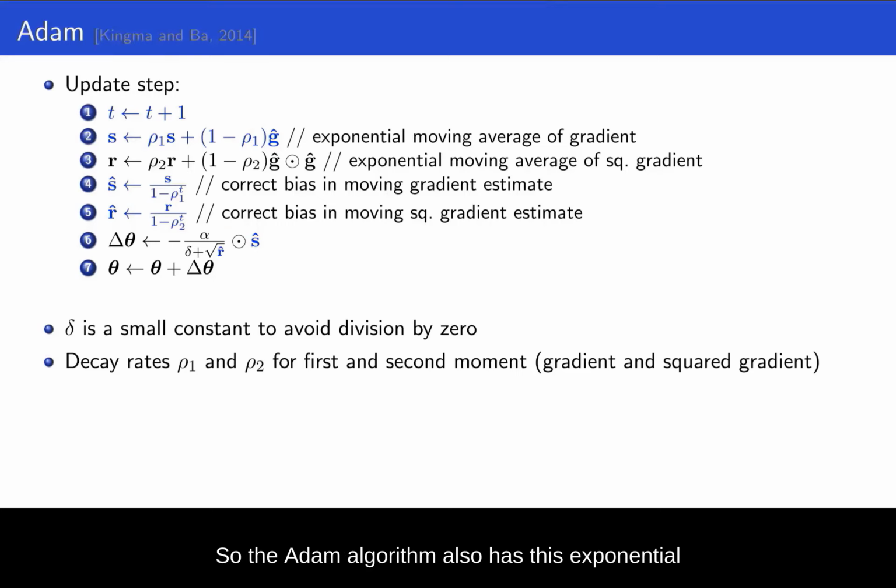So the Adam algorithm also has this exponential moving average of the squared gradient. So this is exactly the same treatment as in RMSprop, but Adam also constructs this exponential moving average of the gradient. So not of the squared gradient, but of the gradient, and stores that in S. So this is something very similar to standard momentum.